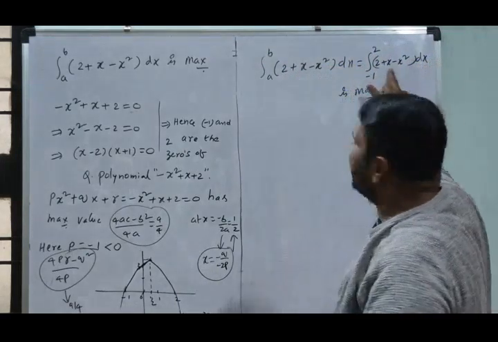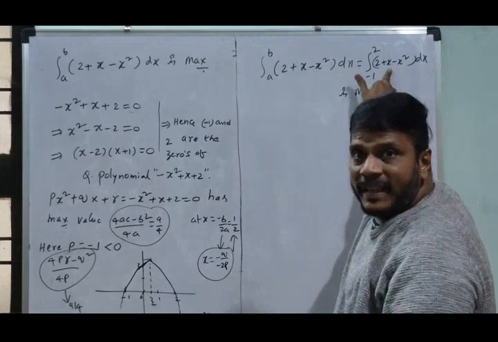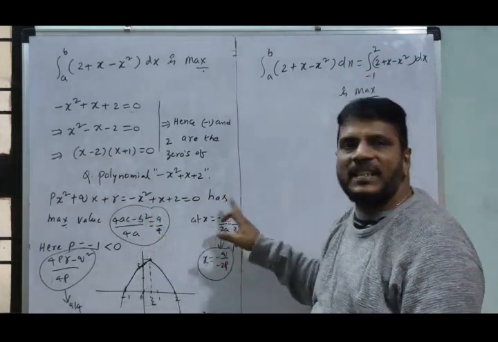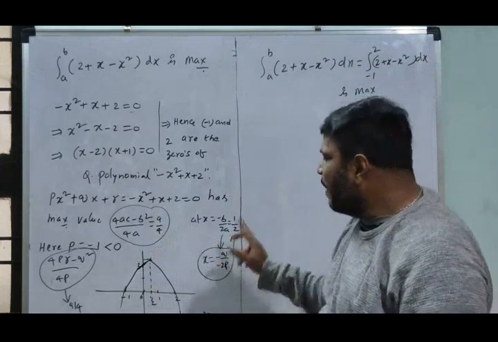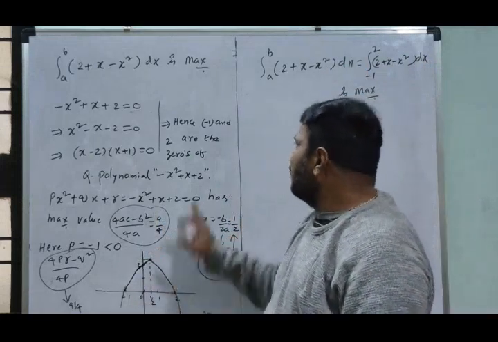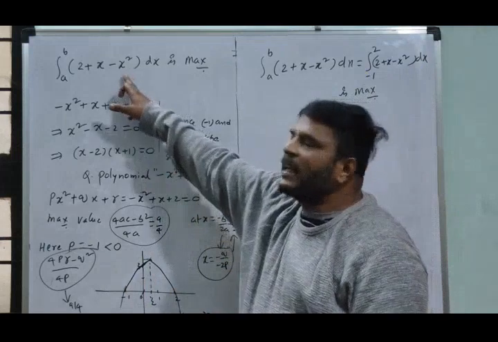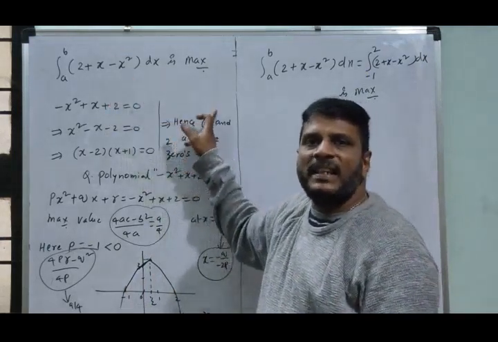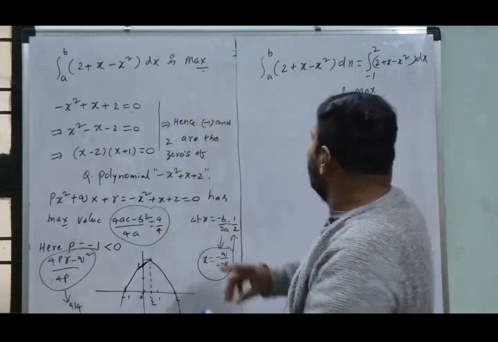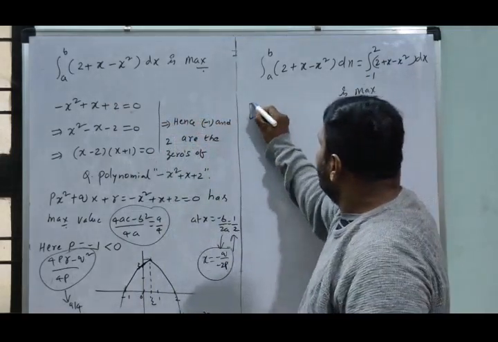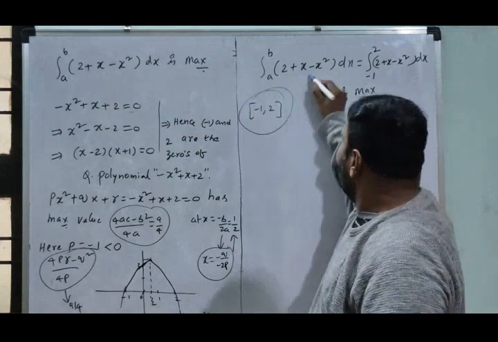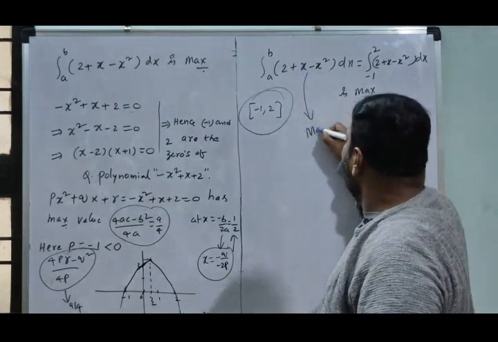Because this quadratic polynomial attains maximum value 9 by 4 at x equal to 1 by 2, in between the zeros of this quadratic polynomial. What are the zeros? Minus 1 and 2. So in this interval minus 1 to 2, this quadratic polynomial is maximum.